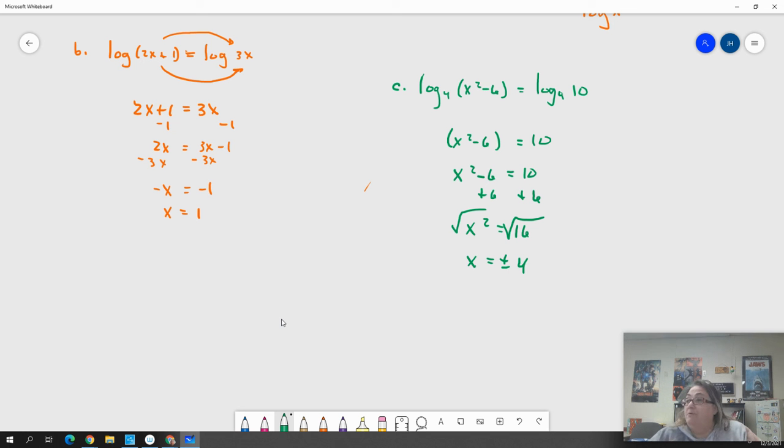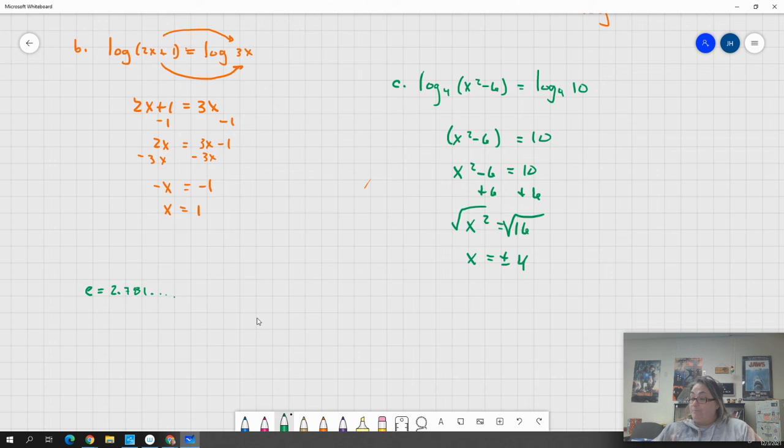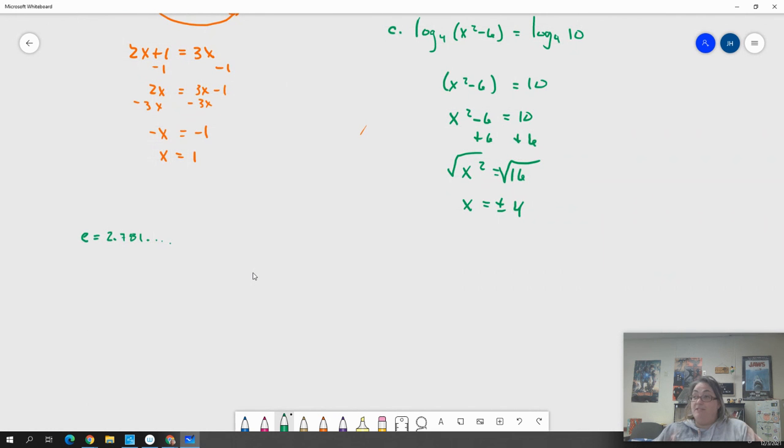Remember, we had that lowercase e that was equal to 2.718, blah, blah, blah, forever and ever. It was like another kind of pi that went on forever. And we called it the natural base e. Remember? That's what we did the last time we were together, right?